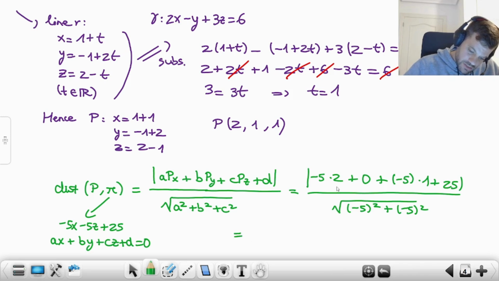So upstairs, negative 10 minus 5, negative 15 plus 25, 10.